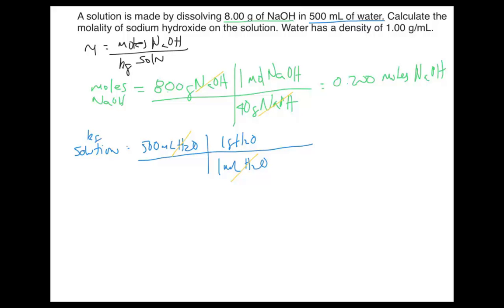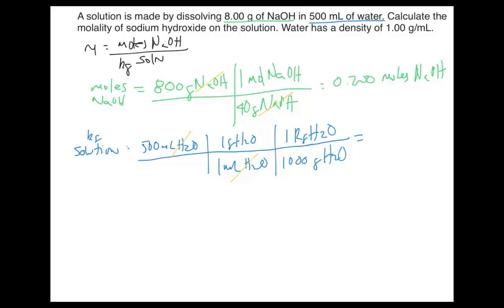So now we can change that unit of gram to kilogram by saying that in 1 kilogram of water we have 1,000 grams of water, because the conversion factor of kilograms and grams is 1 kilogram is equal to 1,000 grams.